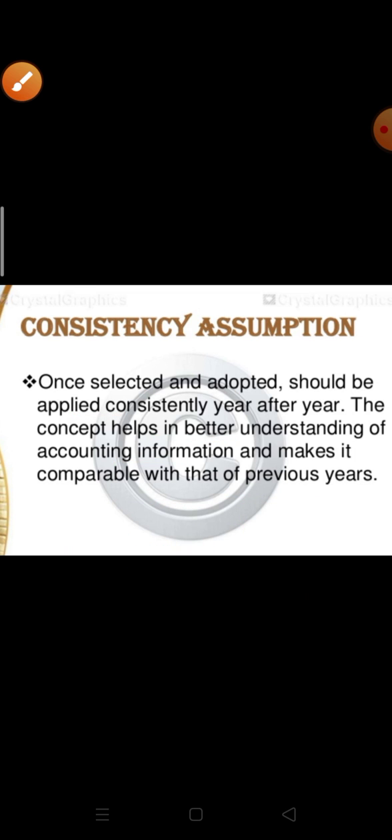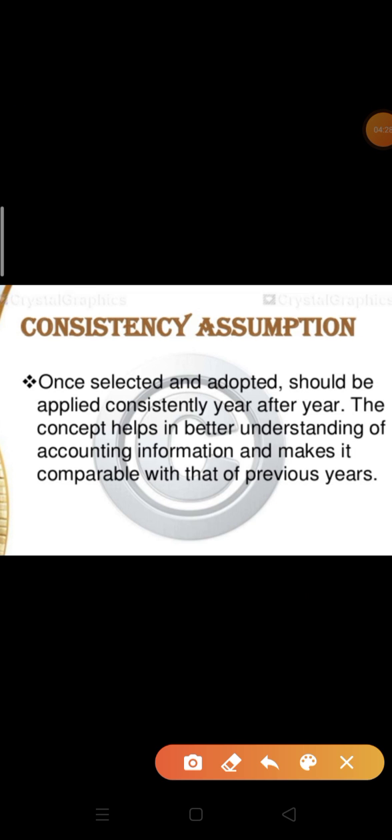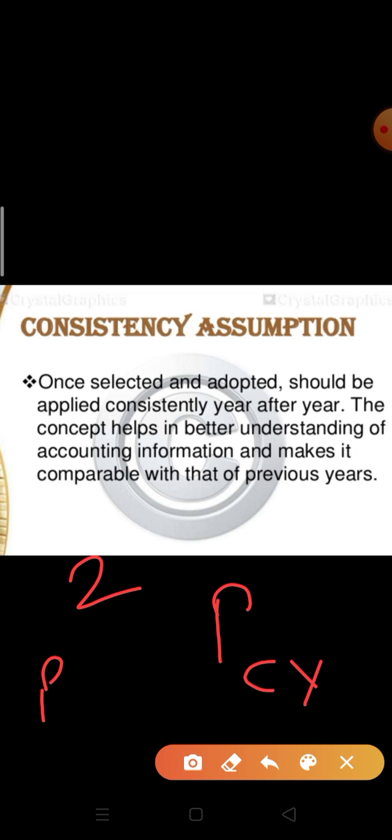This is consistency assumption. If a firm adopts different accounting principles in two accounting periods, the profits of the current period will not be comparable with the profits of the preceding period. For example, a firm can choose any one of the several methods of depreciation.